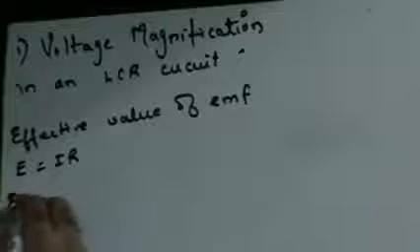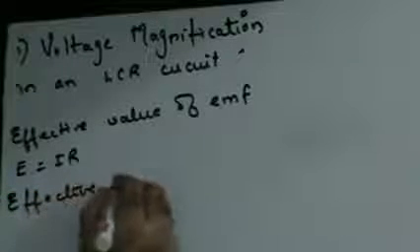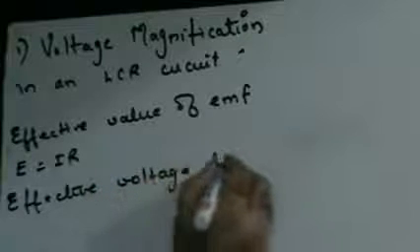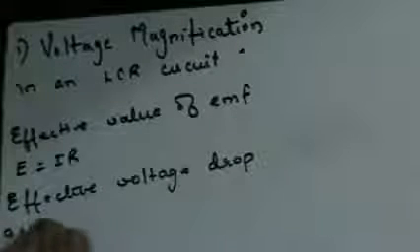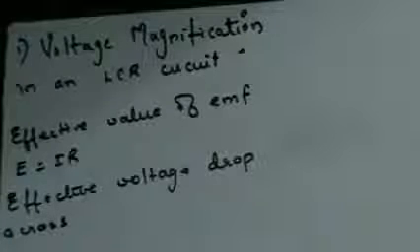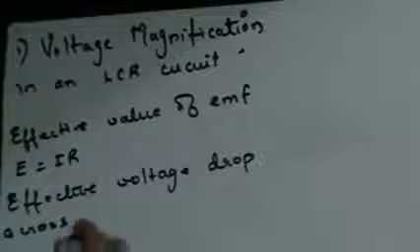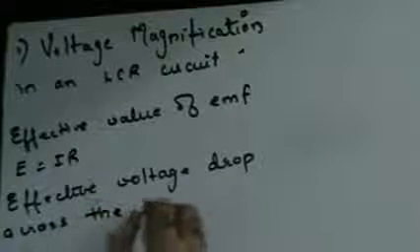Effective value of EMF, E is equal to IR, where R is the resistance, and the effective voltage drop across the inductor is going to be EL, which is nothing but I into XL, right?